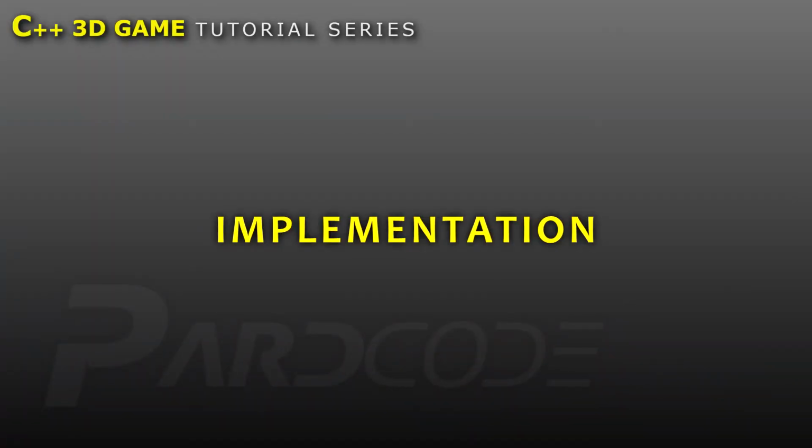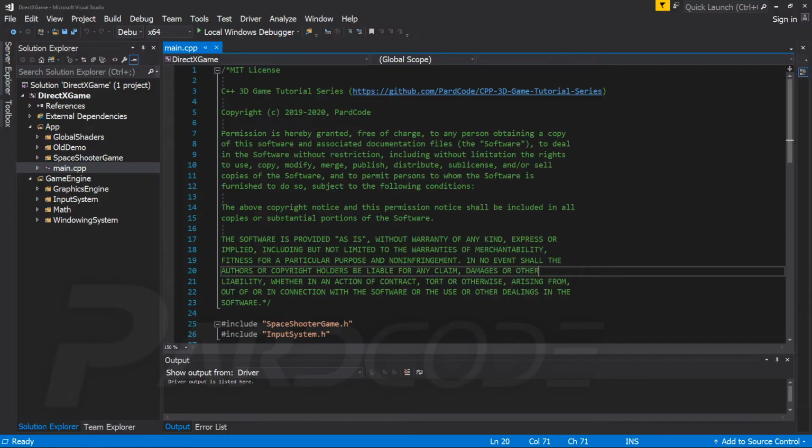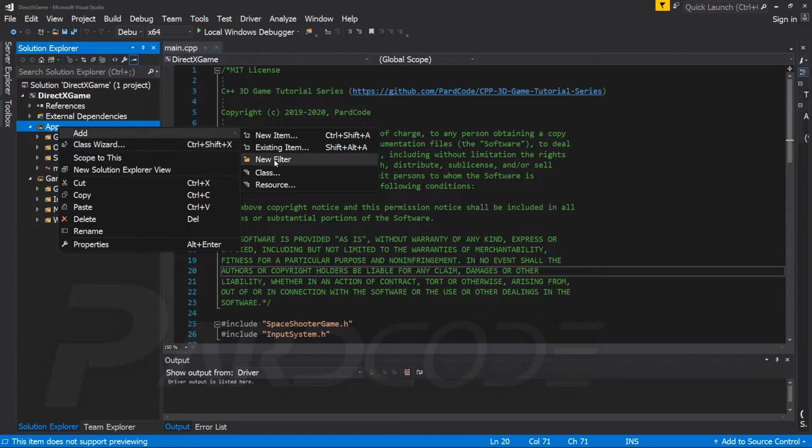Very well, now we can start the implementation. Let's start by adding a new filter called bump mapping demo.